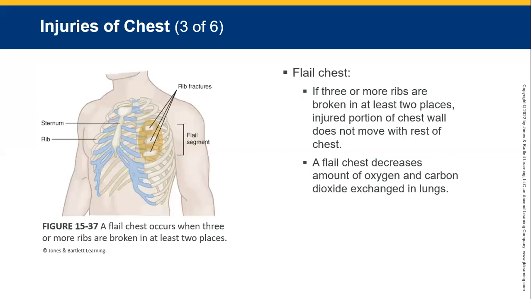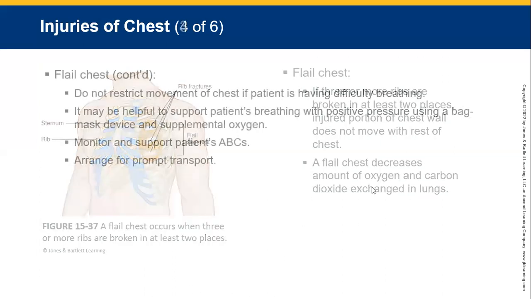So you'll have the ribs moving up and down against each other, causing serious pain. Flail chest often causes a decrease in oxygen and an increase in carbon dioxide. So there'll be a problem with air exchange in the lungs.